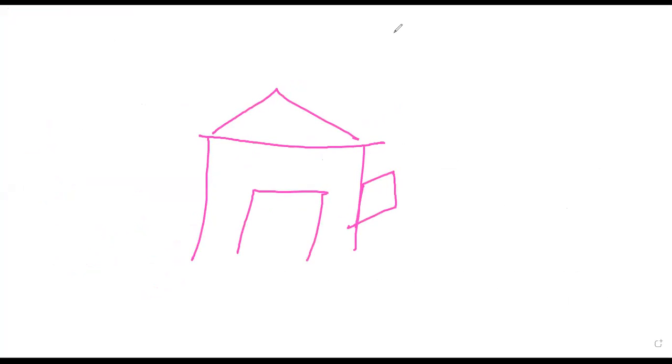In this window or on this gate, you have a desert cooler. It is a kind of cloth or a mat, you can say that, that is available on your window or on your gate.